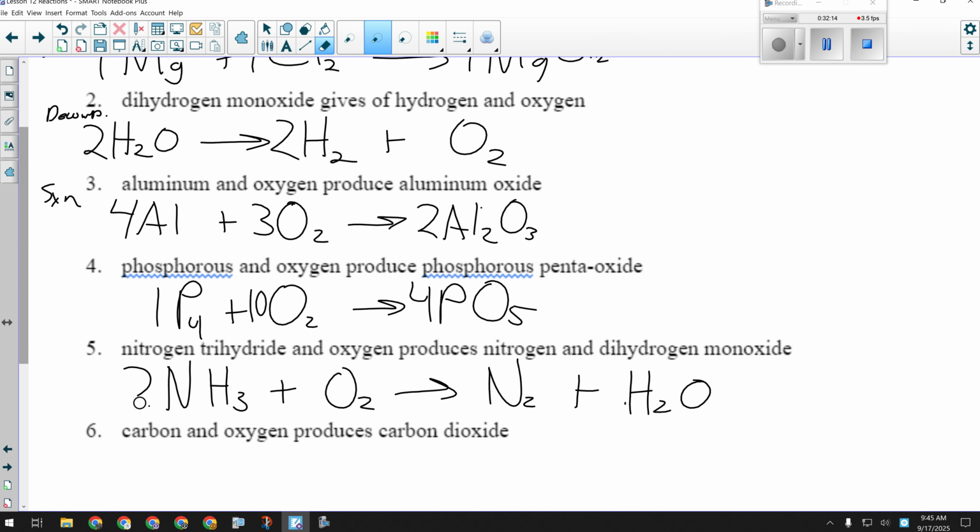Let's balance the nitrogen first instead, see if that works. Nope, that's not gonna work either. I'm gonna have the same problem if I do that. So I'm gonna balance the oxygen and see if I can get that to work. If I put a 2 here, nope, also not gonna work. This is a tricky one for balancing.